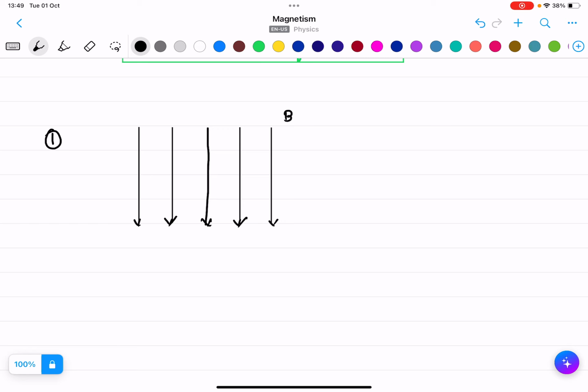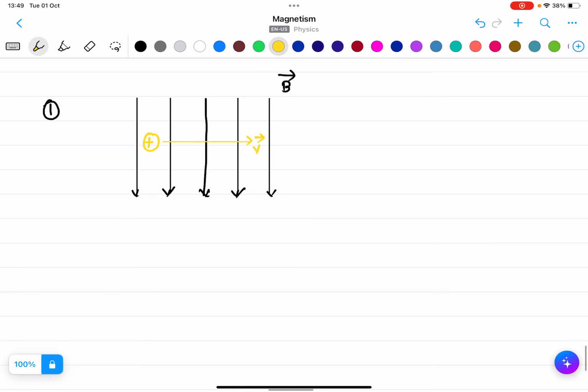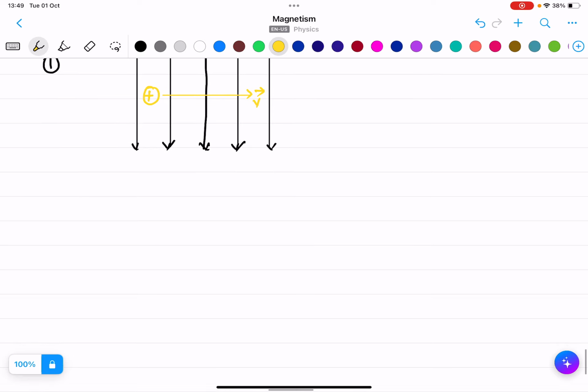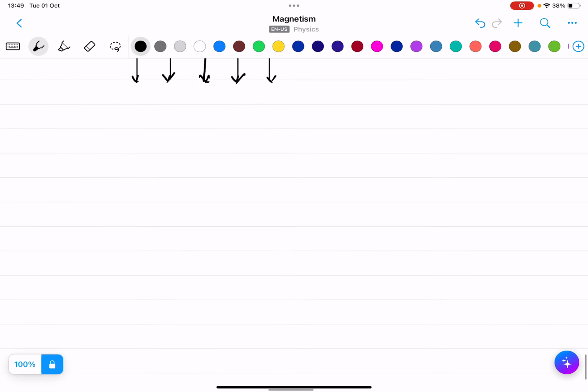Suppose this is a magnetic field, and there is a positive charge which is going in this direction. Let us say it is V. This is the magnetic field, and the positive charge is going in this direction. This is the first case. Now the second case.